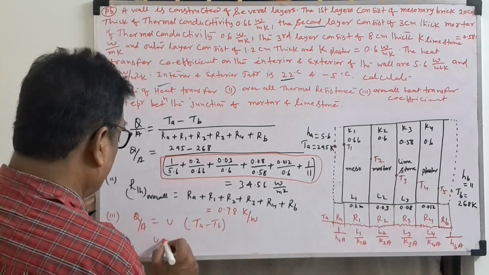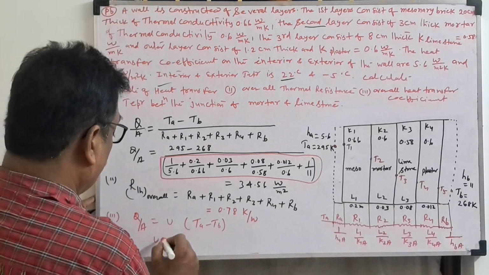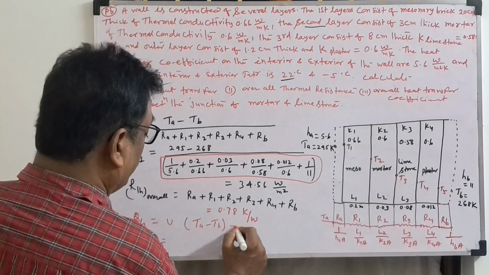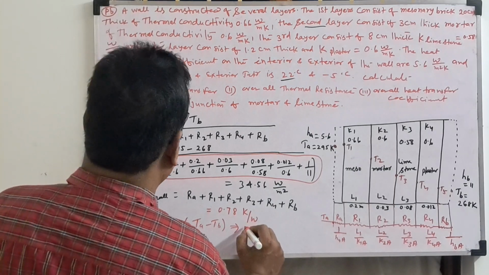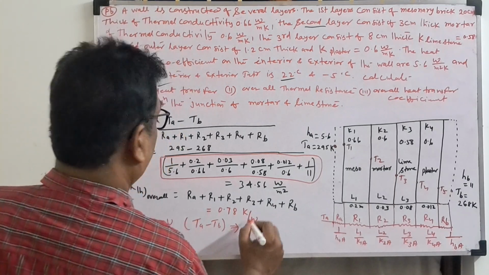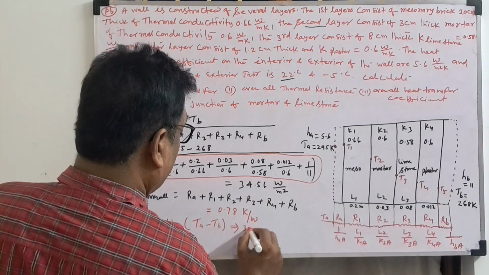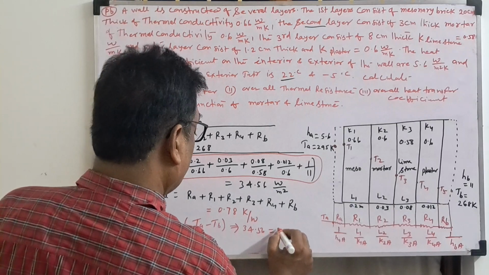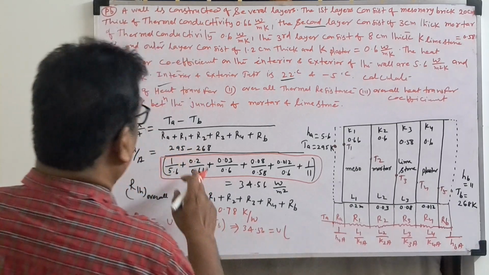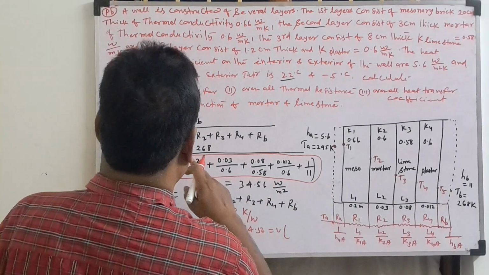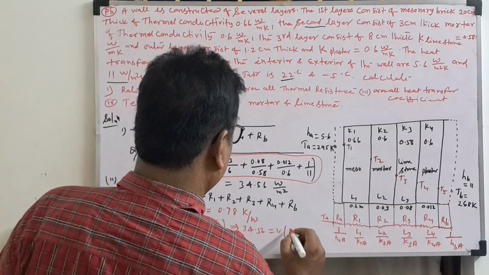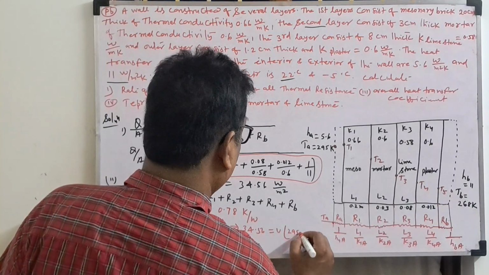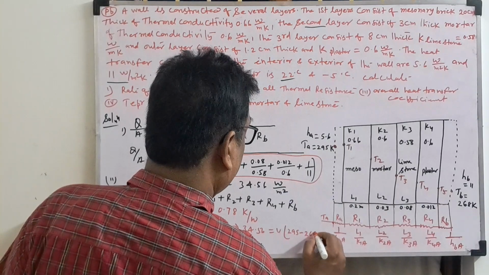So overall heat transfer coefficient, what will come? U equal to this value you know. Okay, write this value one time. 34.56 equal to U into the temperature difference, 295 minus 268.